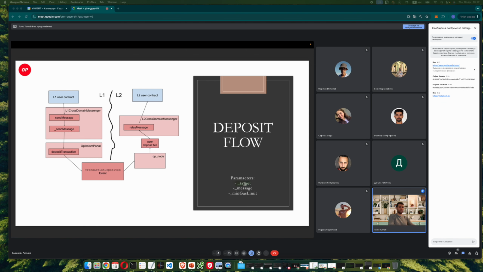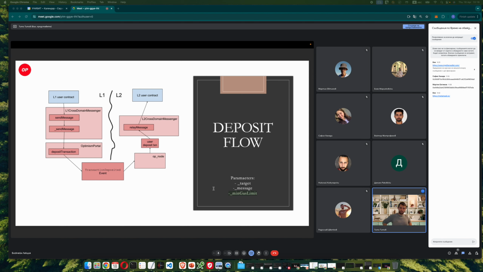The parameters that are passed in the deposit flow functions are basically the target. This is the address where I want to receive my ETH on the second layer, on Optimism. There is a message that has some information about the transaction, and there is a minimum gas limit. This is the computation units that will be used for the transaction on layer 2. This is important because it is protecting the protocol from attacks that are trying to overwhelm the network, so it is a protection against DDoS attacks.